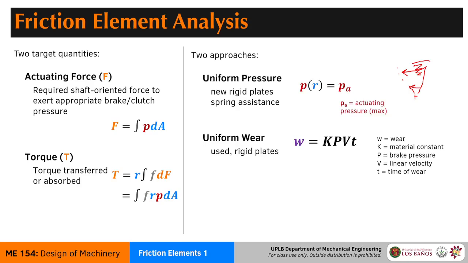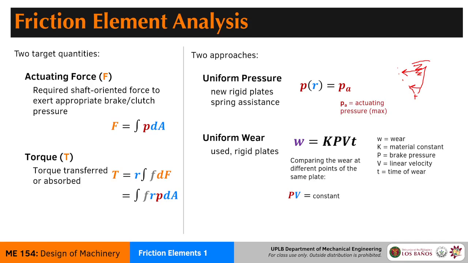So W here is the expression for the wear. This is the brake pressure times the linear velocity times time. So the wear actually increases over time. And the relevant relationship in this formula is actually P times V, pressure times the linear velocity. Of course, linear velocity in this case is R times our angular velocity, R omega.